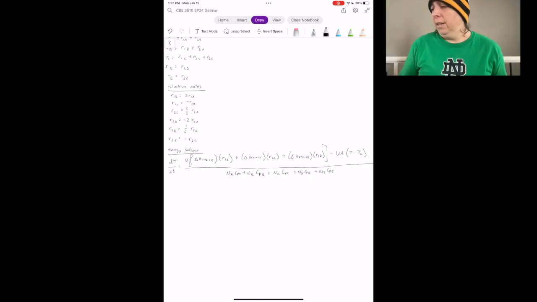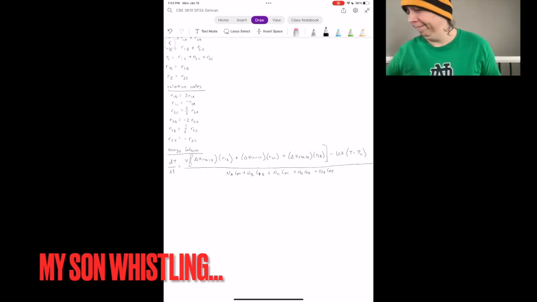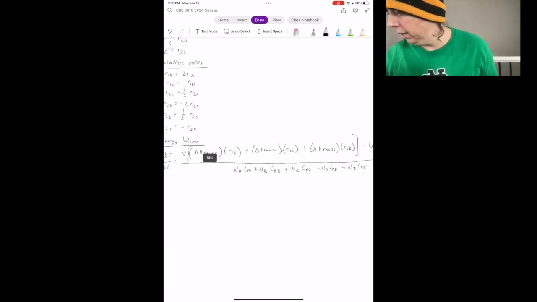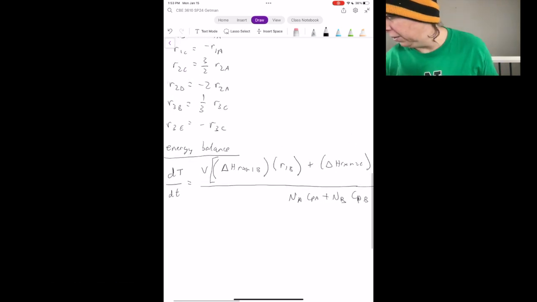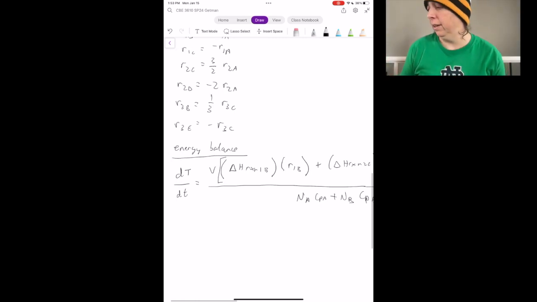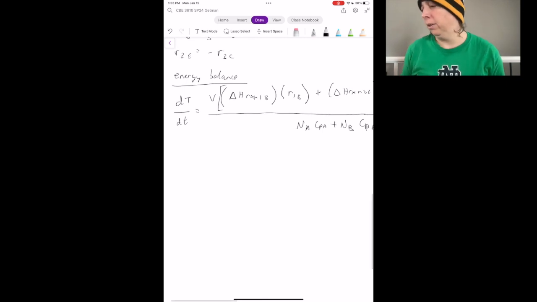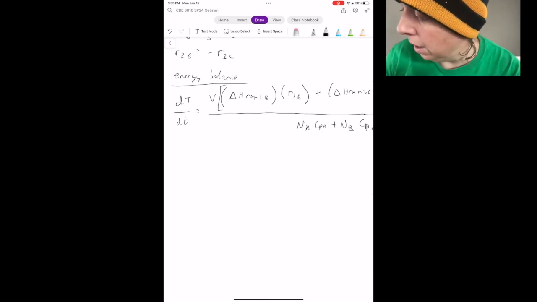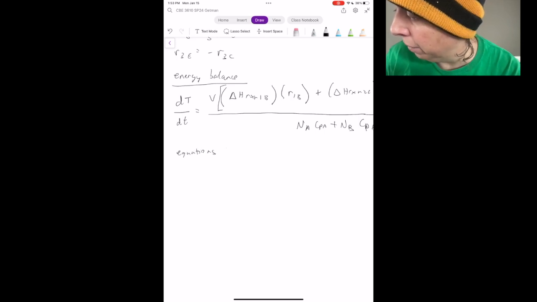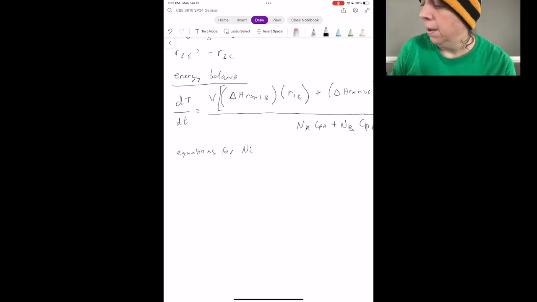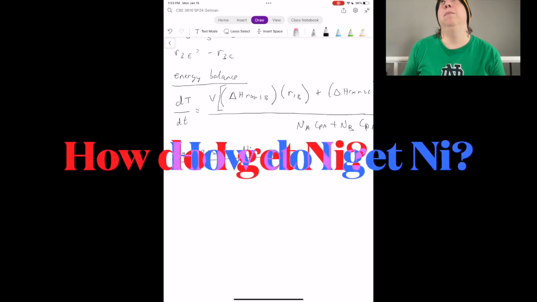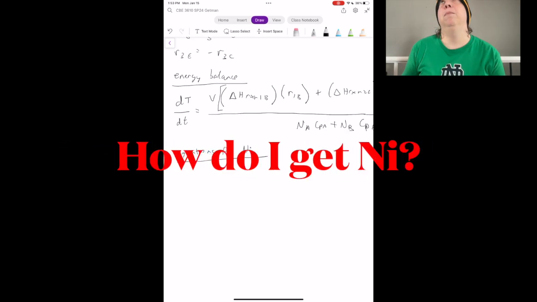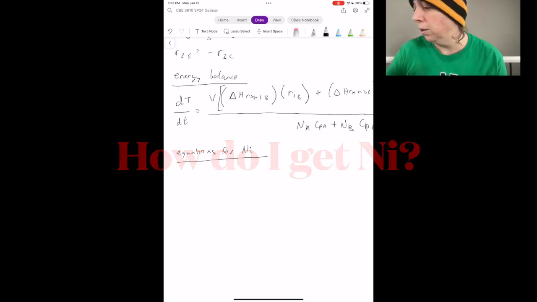All right, now looking at this, there's a couple of things. One, I have values of N here, number of moles, but I've written everything in terms of concentration. That means I'm going to need to set up my problem with conversion factors. So we'll say equations for number of moles of each species. I can get that by multiplying the concentration of each species by the volume.